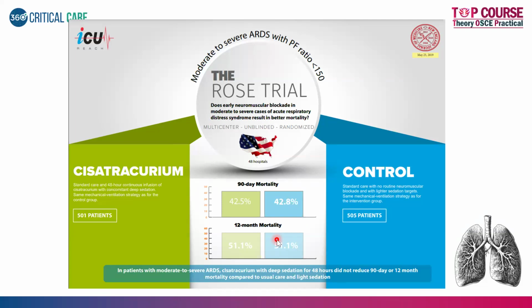So, by and large, the take home point is whenever the patient is in severe hypoxemia, as defined by the Berlin criteria, a PF ratio of less than 120, and if there is ventilatory dyssynchrony which cannot be adjusted by your ventilatory adjustments or your sedation, the use of a neuromuscular blocker will definitely help in improving the oxygenation, thereby probably improving the survival benefit.